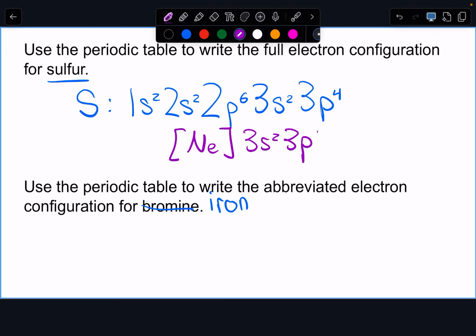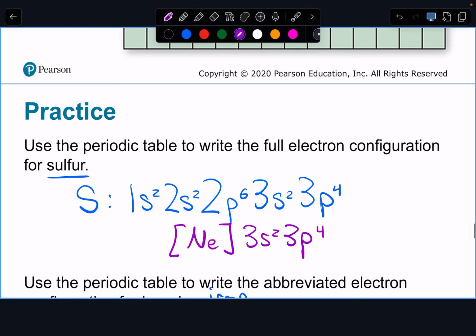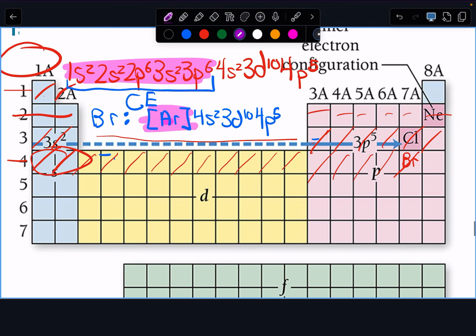Would you be able to scroll back to bromine real quick? Yeah. So the red is the full one, and then the blue is the abbreviated. I'm good on that one. Okay.